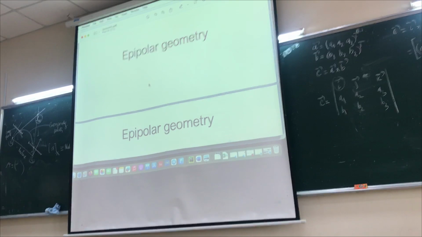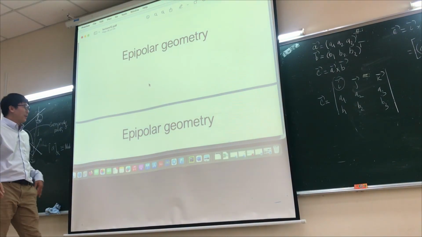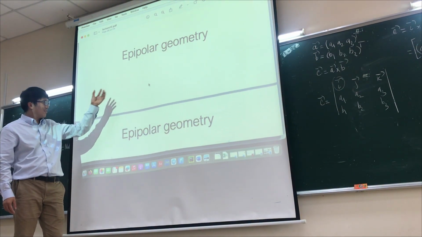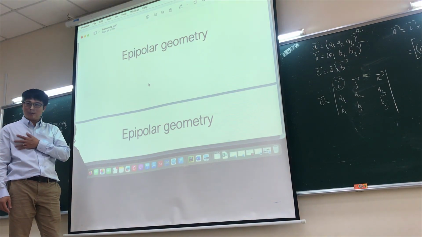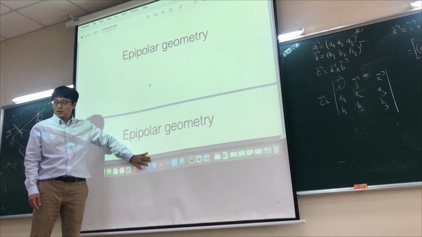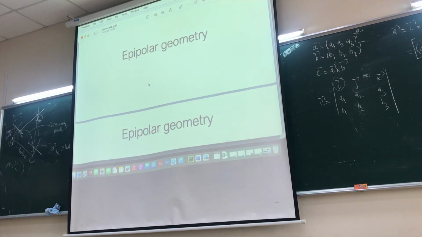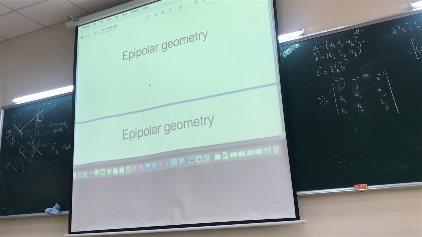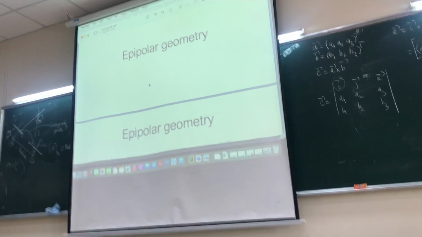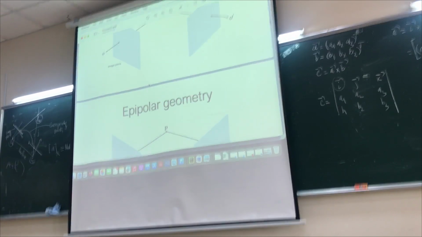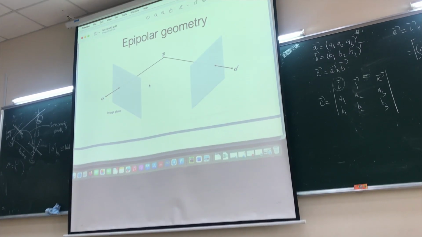In geometry we don't have it yet, maybe it's too new. It's far from the knowledge in geometry, so that's why we don't have it. Okay. We have epipolar geometry. What does it mean? Now just an introduction of the concept, don't worry, only the concept.